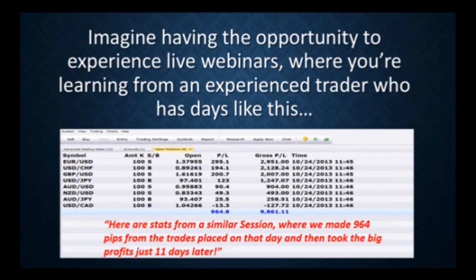If you take a look at the times and the different currency pairs, type in a yes if you found this easy to follow, easy to obey, and even easy to execute. And an income of $3,000 to $5,000 US a month, especially to start with, would you like that? If you said yes to that, I really want you to imagine experiencing live webinars where they're showing you what to do, where we do have days like this, all right?